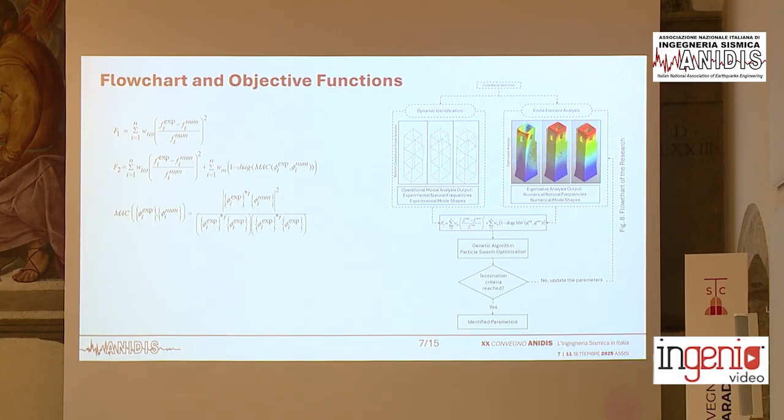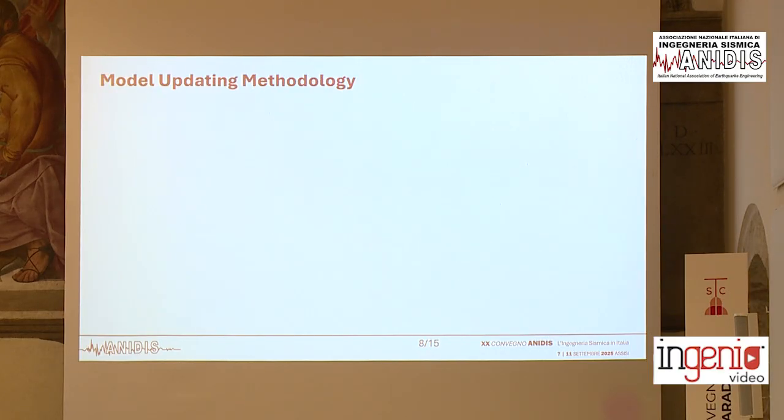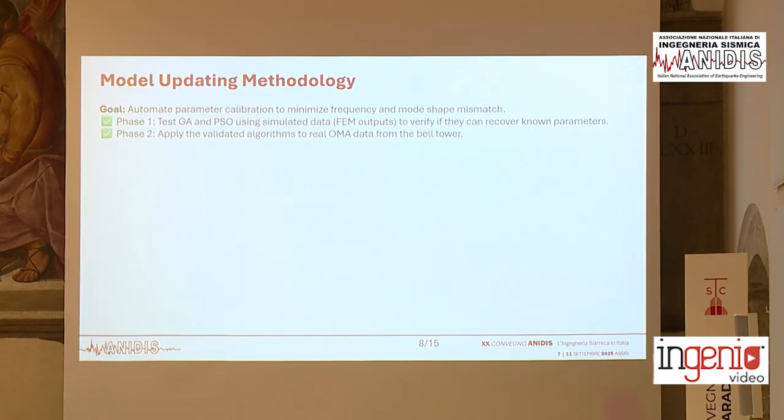First, solely based on the frequencies, and the second objective function was based on the weighted residual of frequencies and mode shapes. And MAC is the modal assurance criterion, which quantifies the degree of similarity between mode shapes.